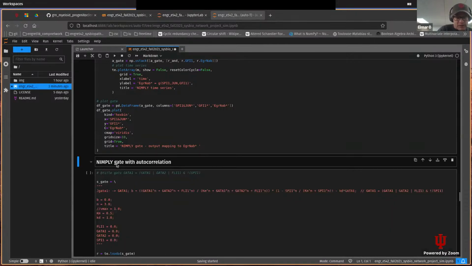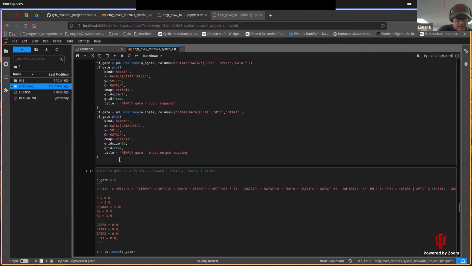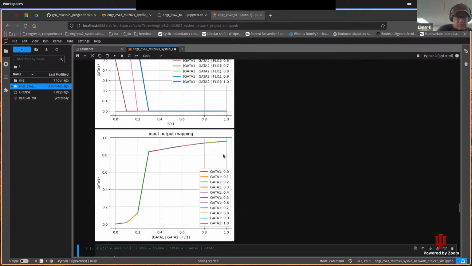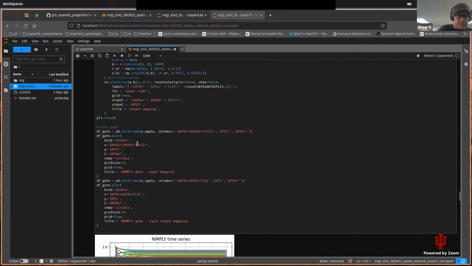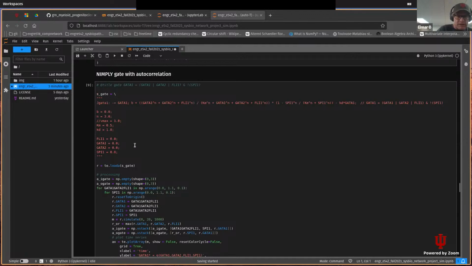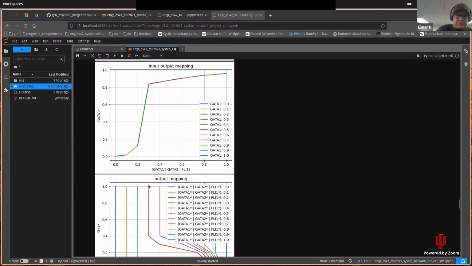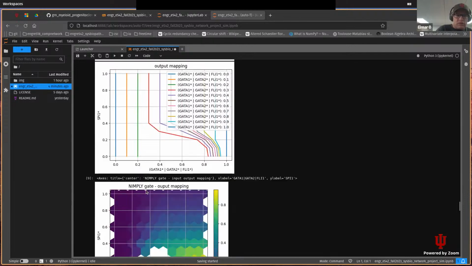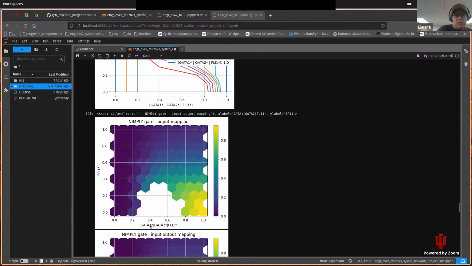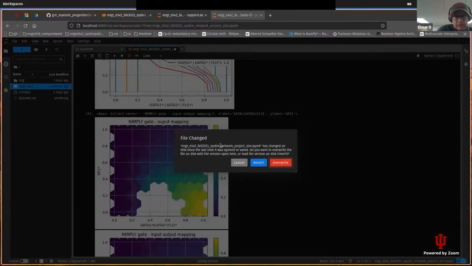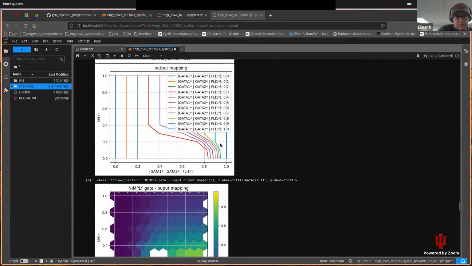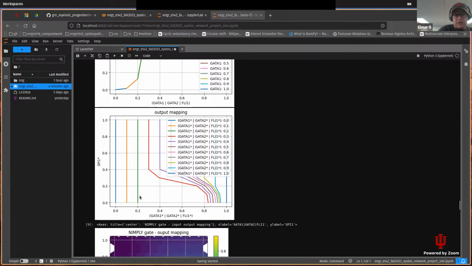These were kind of interesting. For these gates, I have also done the phase plots. You will see that if you only look at the output, when you have GATA1 and FLI1 as an input and SPI1 as an input, then there is a part of the output that we map to that is not touched at all.